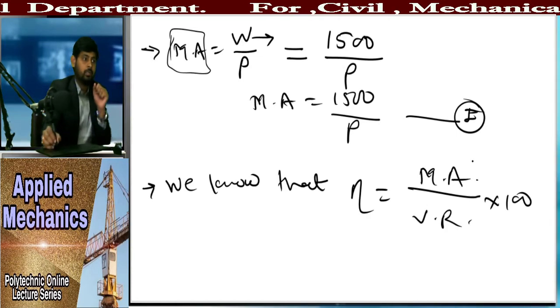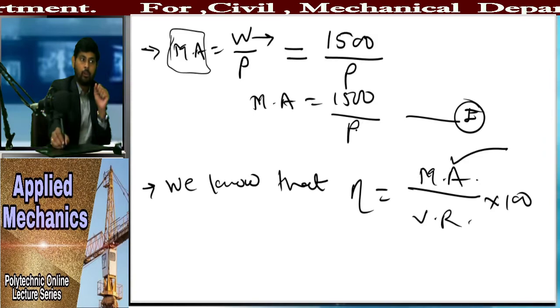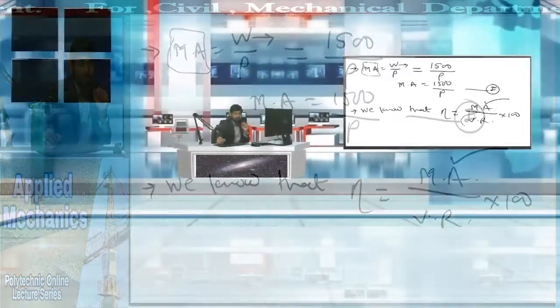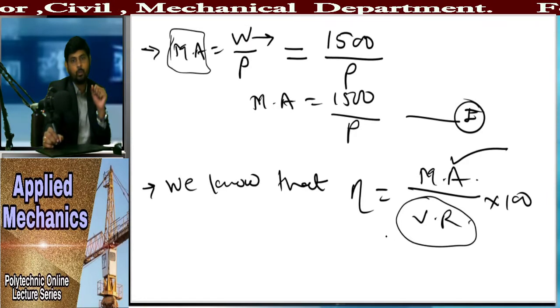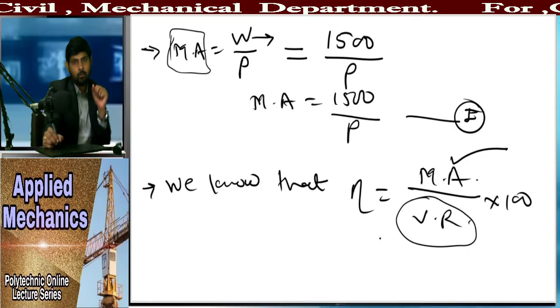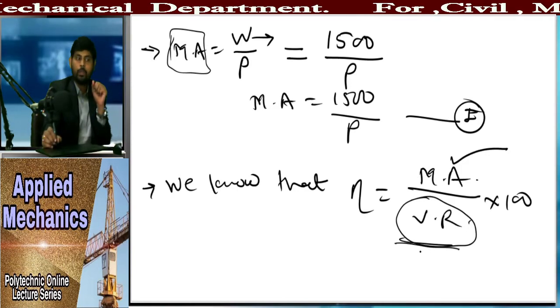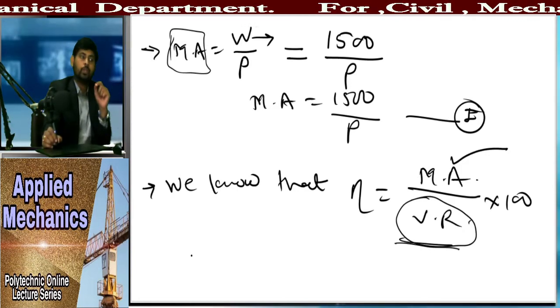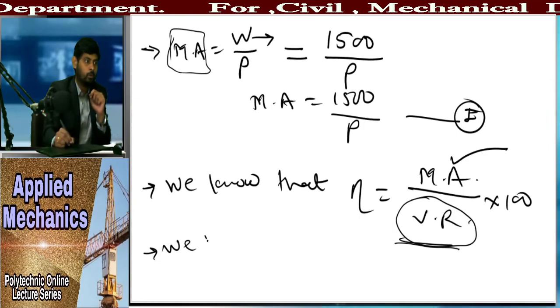So see here, we know the value of mechanical advantage, that is 1500 divided by P, but we don't know the value of velocity ratio. So what can we do now? We have to find out the velocity ratio. So how can we find out the velocity ratio? We know very well.